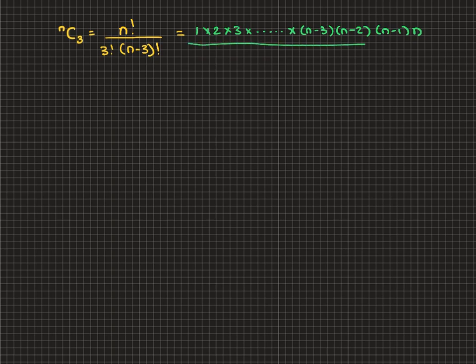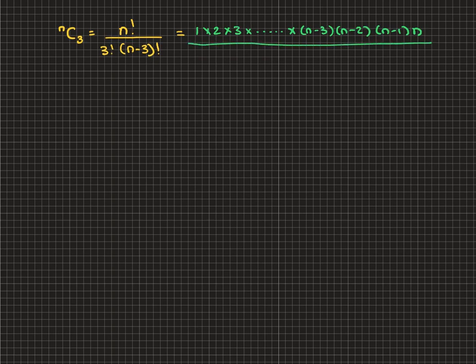So n choose 3 is equal to n factorial over 3 factorial times n minus 3 factorial. Let's write out what the numerator is. It's 1 multiplied by 2 multiplied by 3 multiplied by etc. All of the numbers up to and including n. So I'll go back to n minus 3, n minus 2, n minus 1 and then n. That gives us a little bit of clarity when we're trying to cancel.